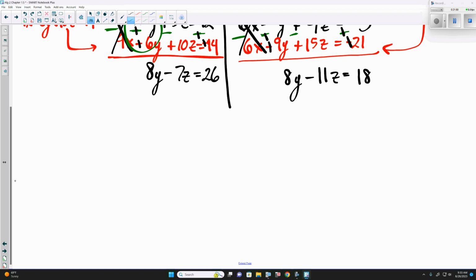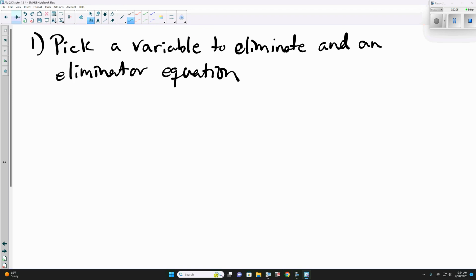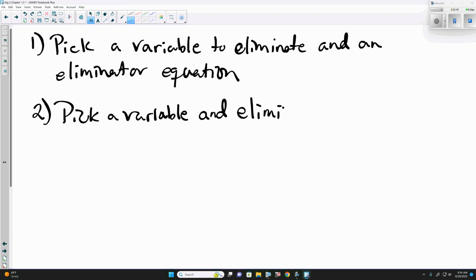We ready for the next step? The next step in this process. Yes? Well, pick a variable and eliminate it.